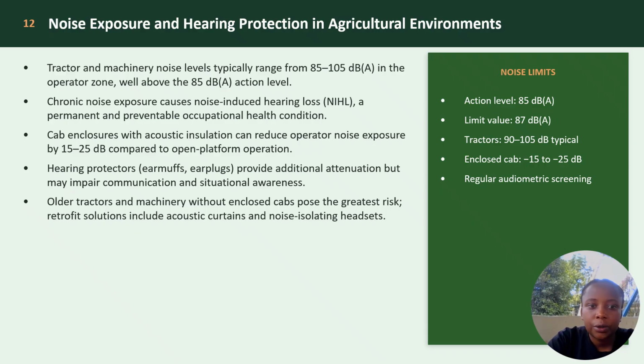The second one, chronic noise exposure causes noise-induced hearing loss, a permanent but preventable occupational health condition. Third one, cab enclosures with acoustic insulation can reduce operator noise exposure by between 15 and 25 dB compared to open platform operation.